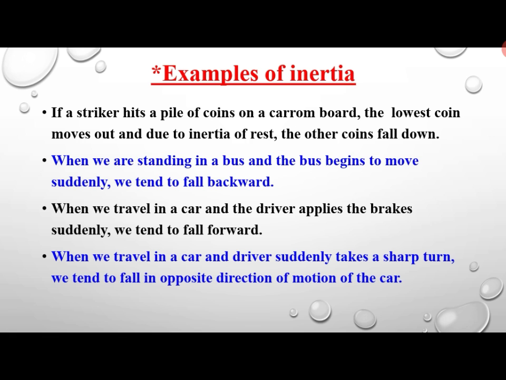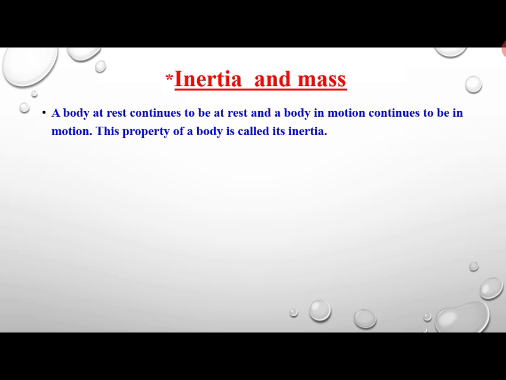Now, after this, let us consider what is the cause of this inertia. As we know, a body at rest continues to be in a state of rest, or motion, or direction; this is known as inertia. Now, what is the factor which provides this inertia? The mass of the body is the measure of its inertia.